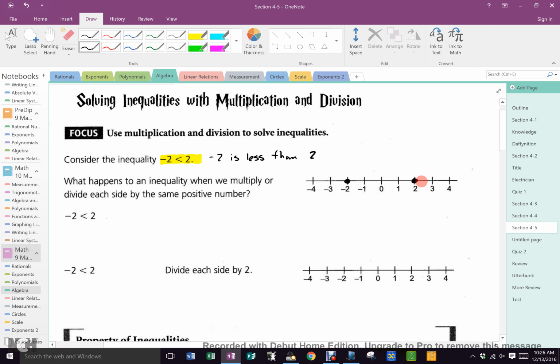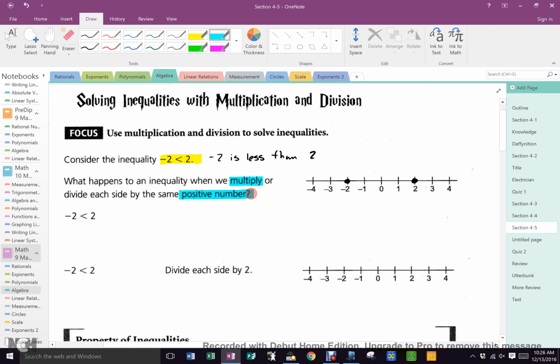What makes that the case? How have you now proven it? 2 is bigger than a negative. Why? Because 2 is to the right of -2. Everyone agree? Okay, so now we are going to multiply by a positive number.